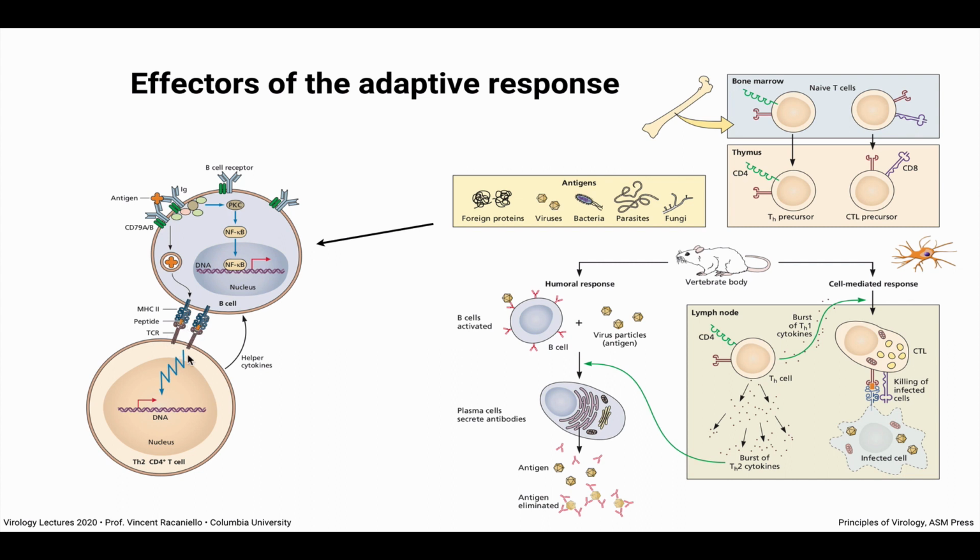Those are then recognized by T cell receptors, by a T helper cell, and specifically a Th2 CD4 positive T cell. That recognition of the peptide by the T cell receptor leads to a signaling cascade, the transcription of genes that lead to the production of cytokines.